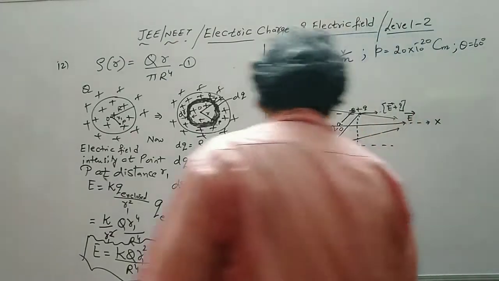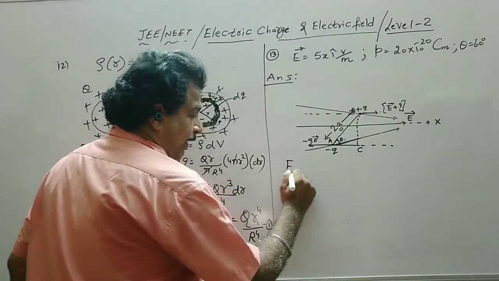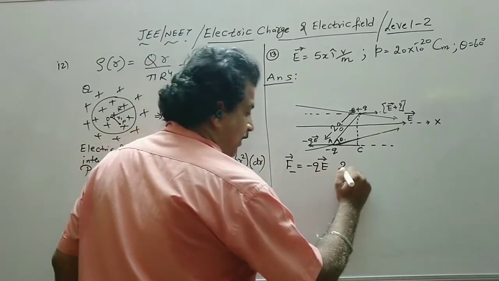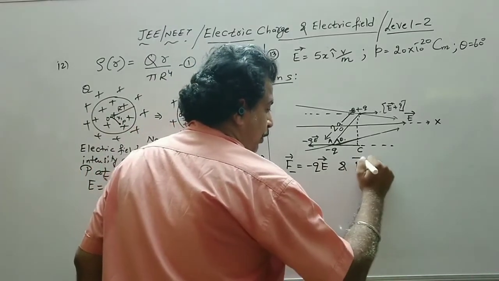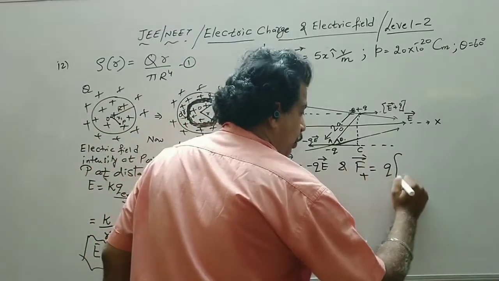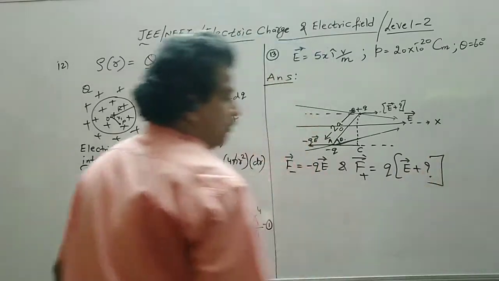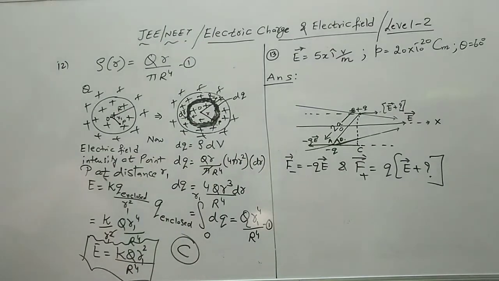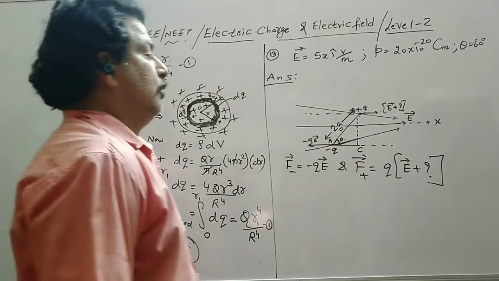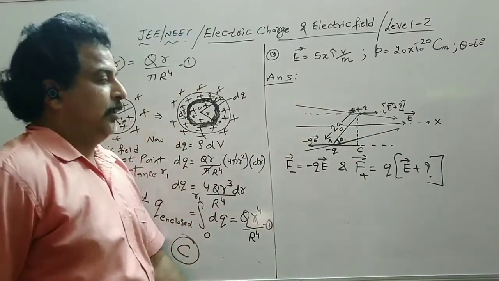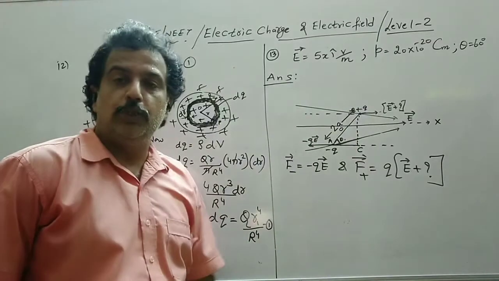If I take the force acting on the minus charge, it can be QE, and the force acting on the plus charge should be QE plus something. So I have to find out this something. Because the field is increasing along the x-axis, we drop a perpendicular to find the perpendicular distance between the two charges.